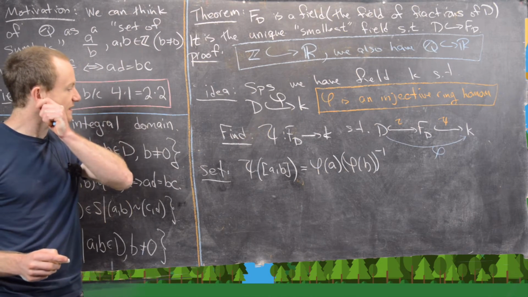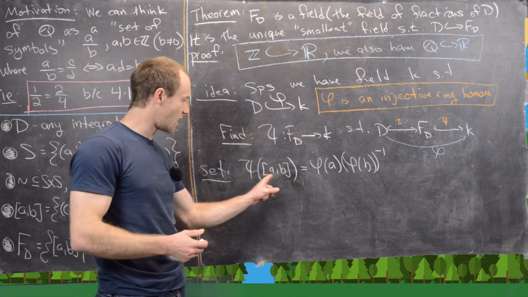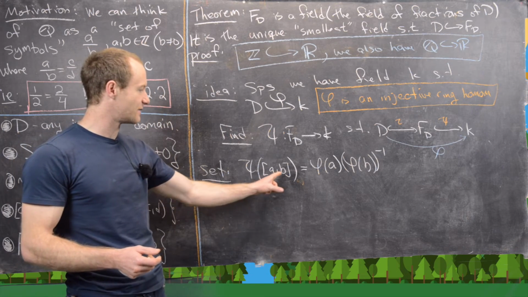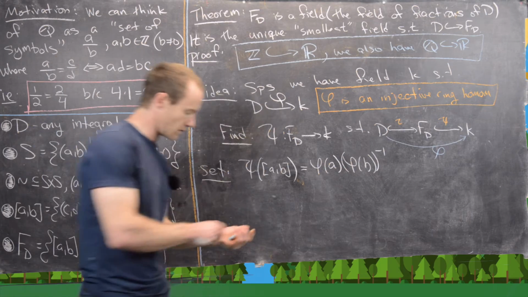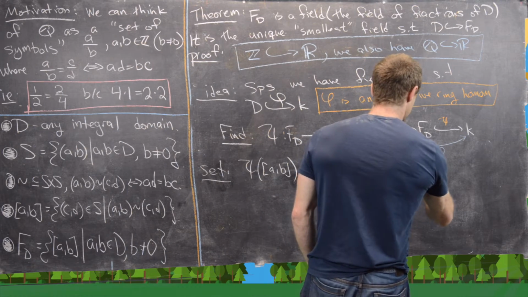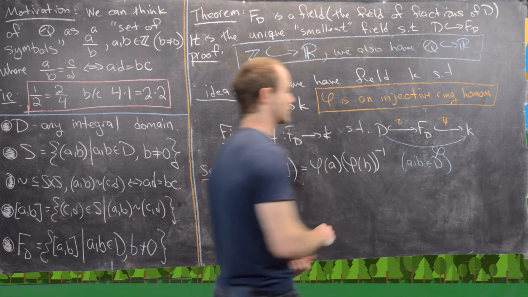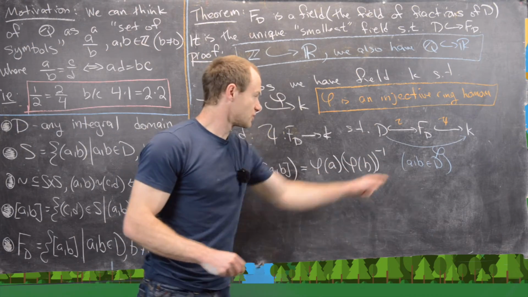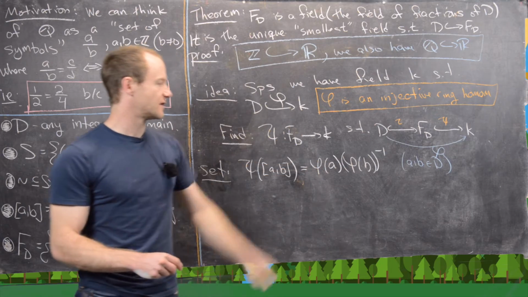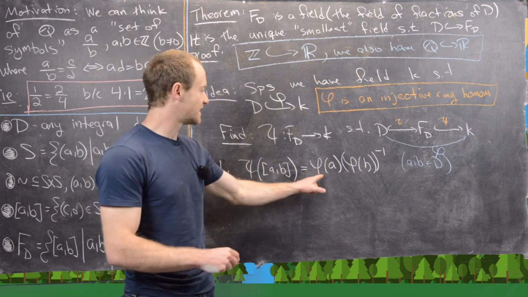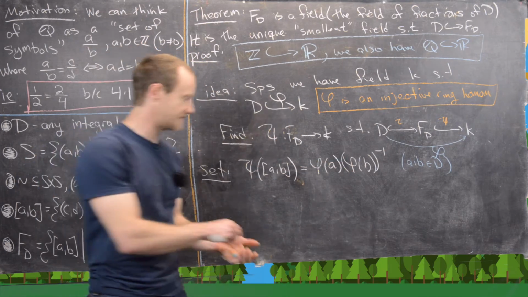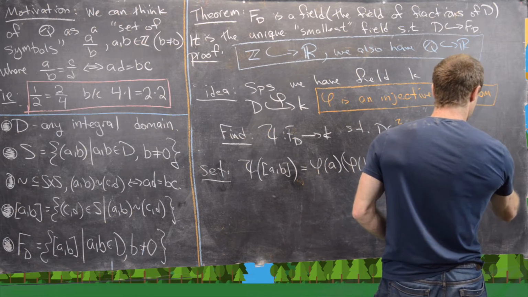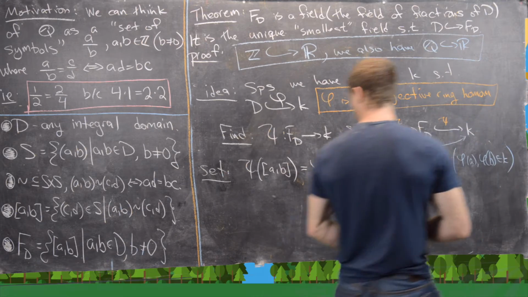Okay, so now let's talk about this. Recall that this object, bracket AB, is made up of elements from the integral domain. So here we have A and B inside of the integral domain. But the integral domain can be included into the field via phi, so phi of A and phi of B are in the field.